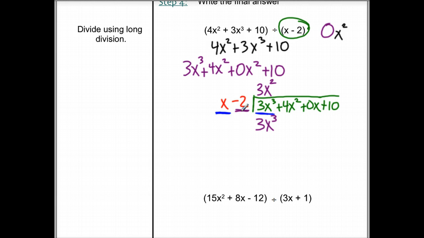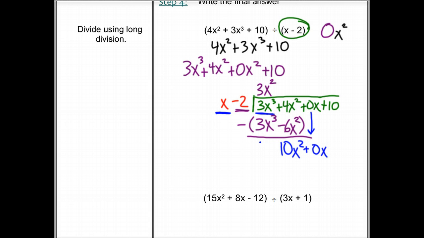Negative 2 times 3x squared is minus 6x squared. Now we subtract. We get 0x cubed, so I'm not going to write anything. Then 4x squared minus a negative 6x squared is positive 10x squared, and then we bring down this 0x.